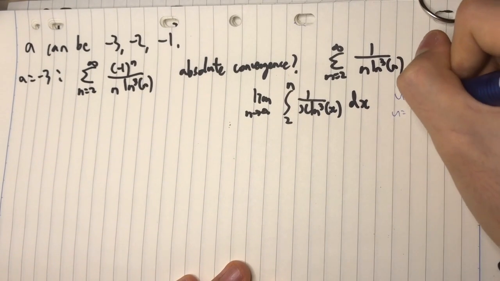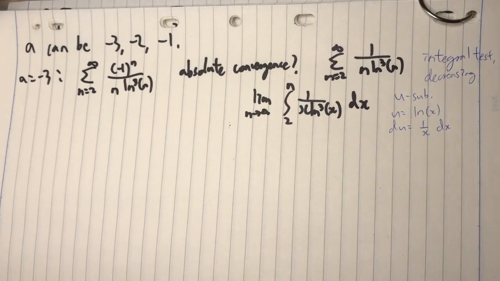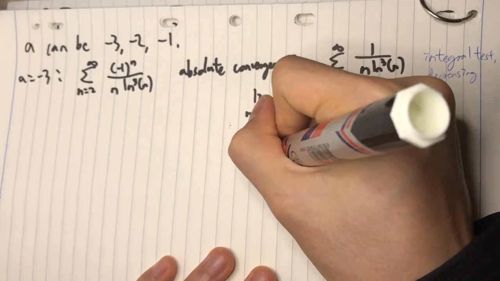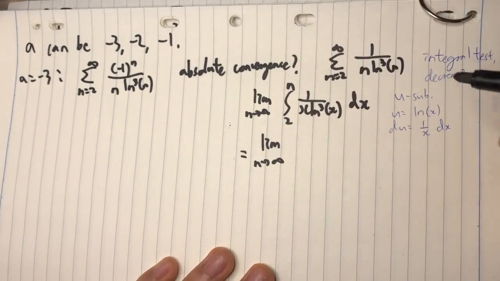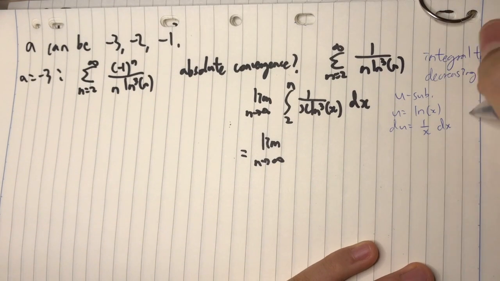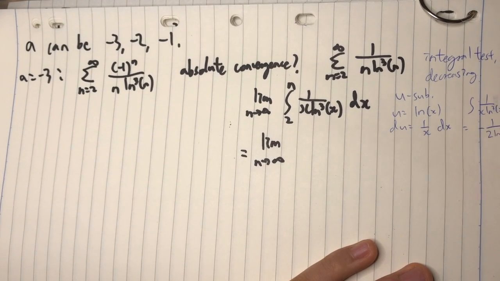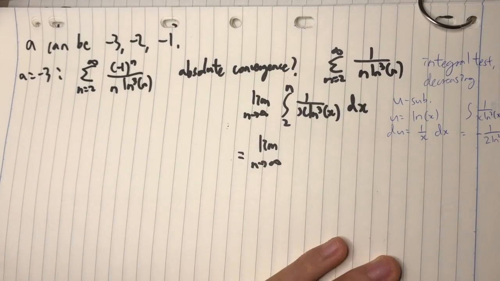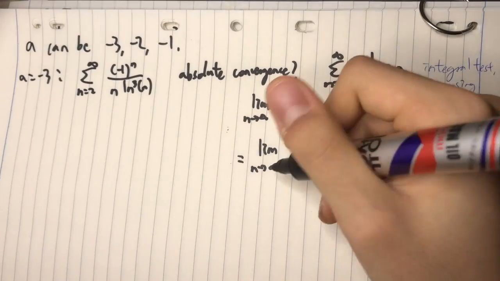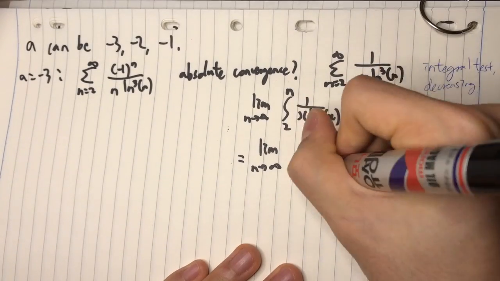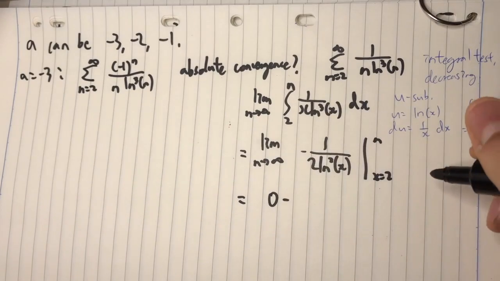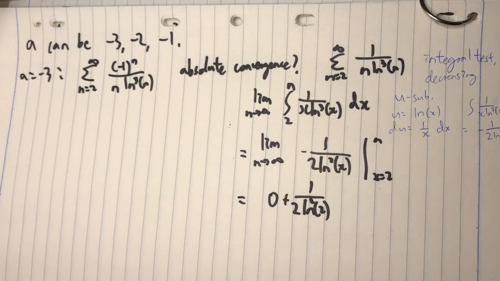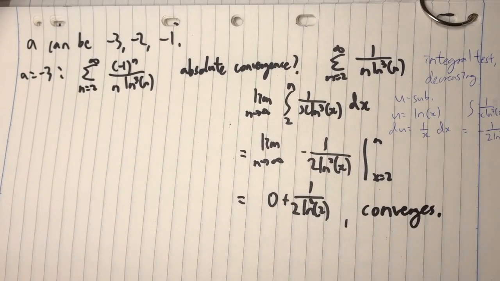We're going to use a u substitution with u equals ln x and du equals 1 over x dx. If we apply the u substitution and solve the integral, which I'm doing as side work, we get that as a result, and if we plug in n and 2, we get that value, which is obviously a converging value.